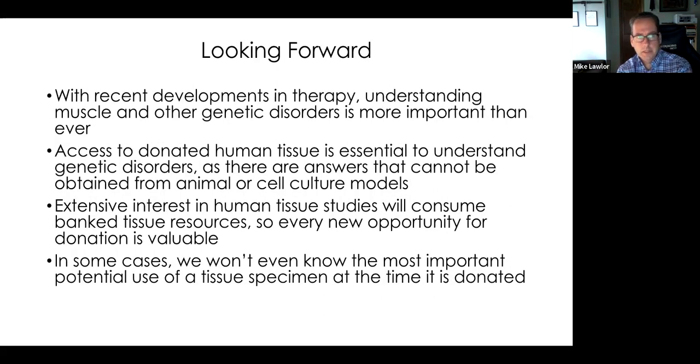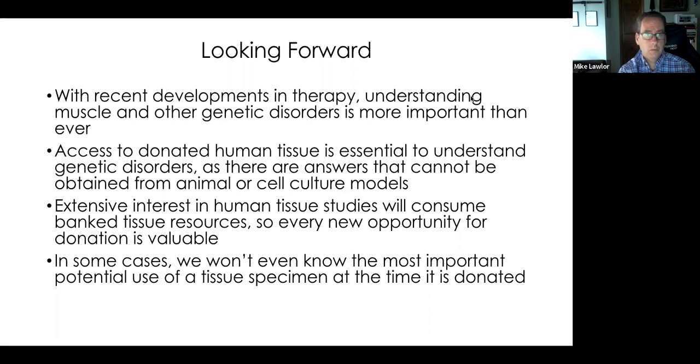And then just to finish up, in terms of looking forward, I think there's a lot of therapeutic development going on in muscle disease. You see that AFBS has a very aggressive timeline towards supporting the development of treatments and getting to clinical trial readiness. Having this kind of resource available to set up the logistics of trials and to understand the types of questions that you can't interrogate animal tissue with is really important in making that transition.